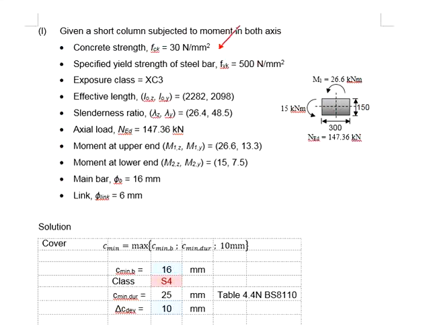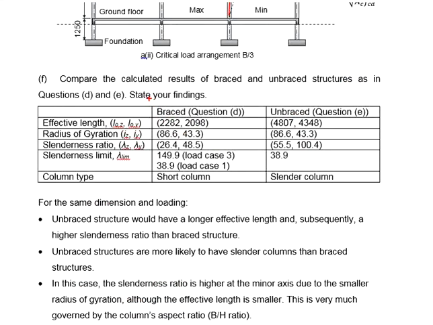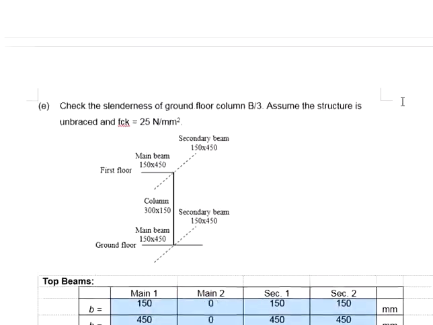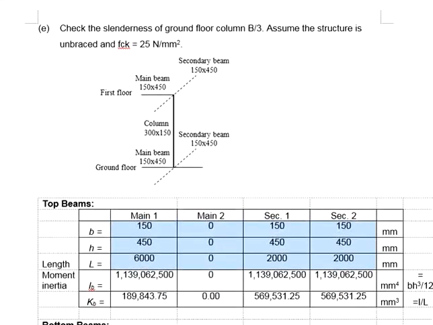Concrete grade 30, steel bar grade 500, exposure class XC3. The effective length and the slenderness ratio we adopt from the previous example, dealing with the braced structures, short columns, where we did the calculations to determine the slenderness of the column.